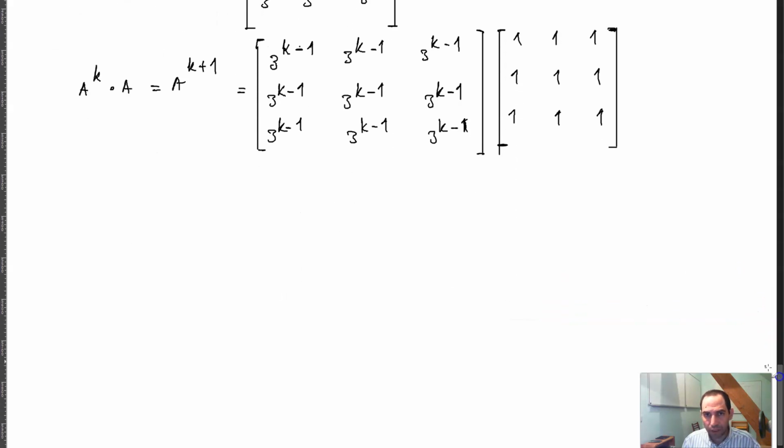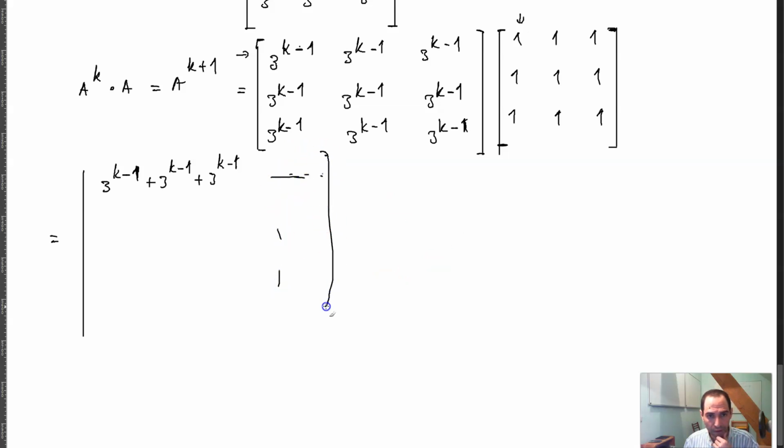And so if I do this calculation, what I will get is this row times this column gives me 3 raised to the power k minus 1 plus 3 raised to the power k minus 1 plus 3 raised to the power k minus 1. Now this row times this column gives me the same thing. And for all of these rows and columns, I'm going to get the same thing. So I don't have to do that over and over again.